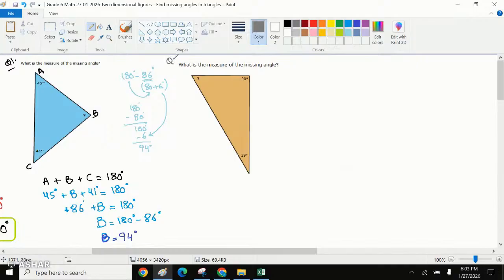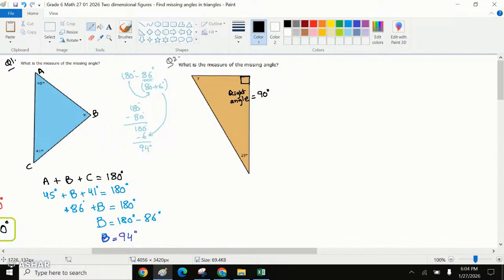What I would want to do is remove this 90 from here. Why? Because we know that whenever we have a right angle, right? A right angle means this angle, right? A right angle is always, this is a right angle, and a right angle would always be equal to 90, right?